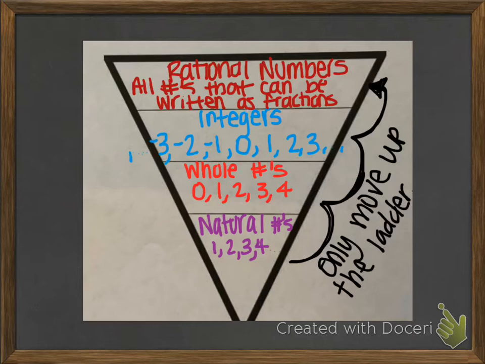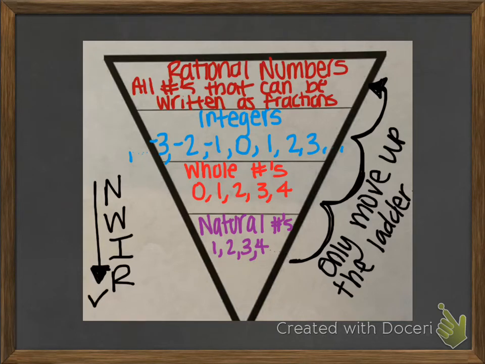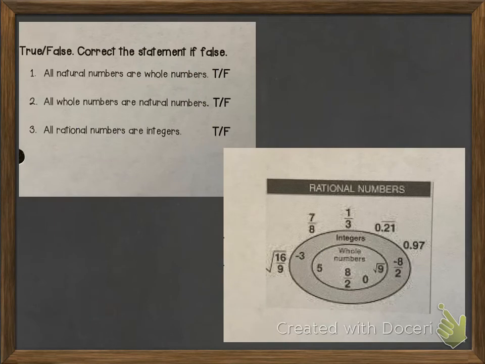And something I like to do is start at natural. So I like to write natural, then we move to whole, integer, and rational. And I draw an arrow down it because if I'm following the arrow, then I am true when classifying. So if I'm natural and I'm moving to an integer, I am following that arrow, therefore I am true. And that will make more sense whenever we look at this.